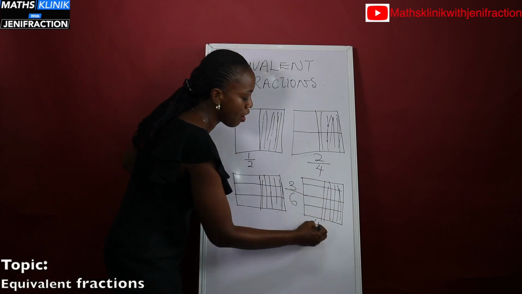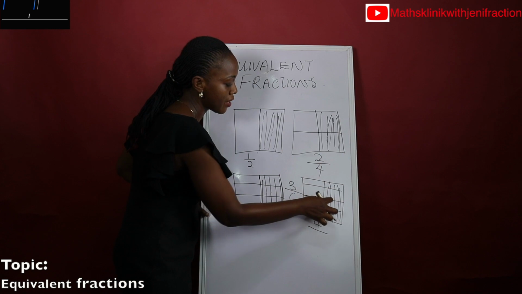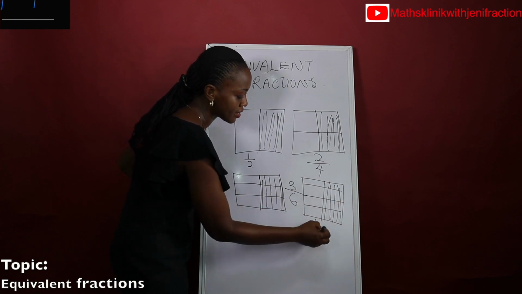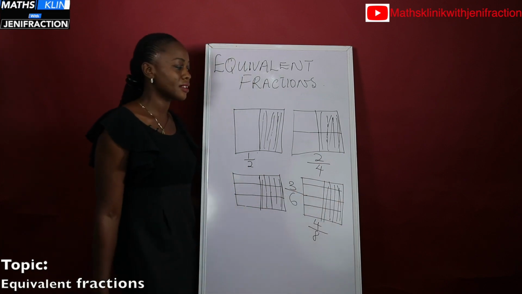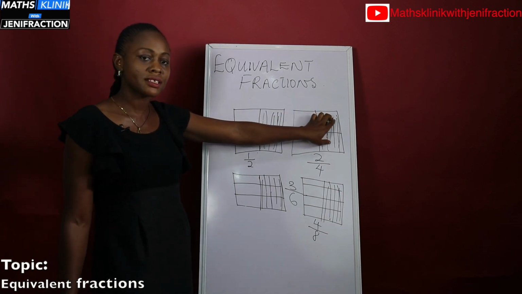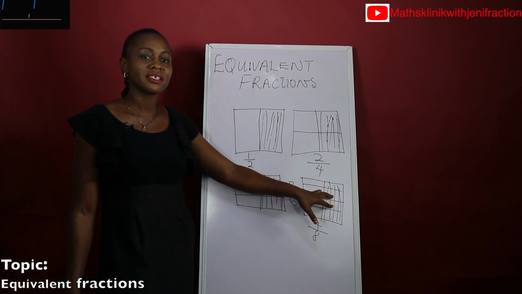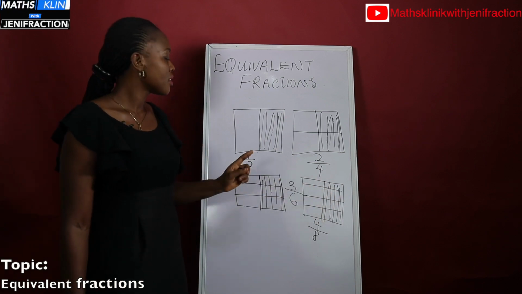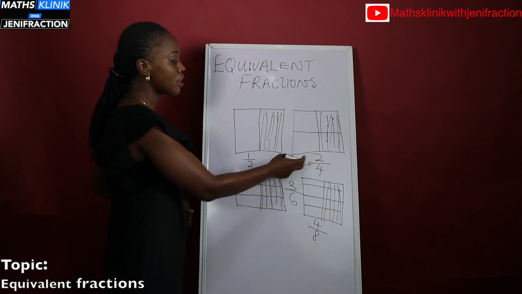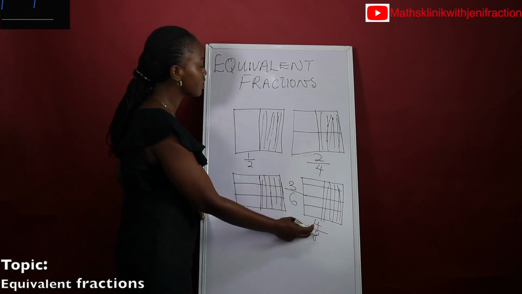So we have 4 out of 8 parts. Can you see that this part is the same as this part? And it's still the same as this part? And it's also the same as this part. So this fraction equals this, and it equals this, and also equals this.